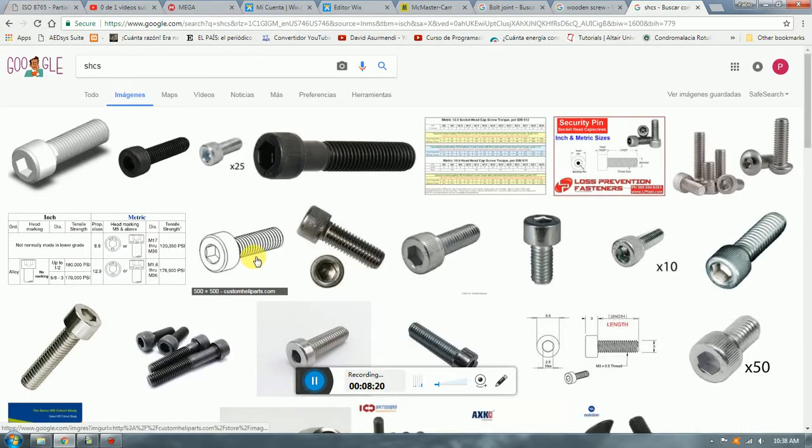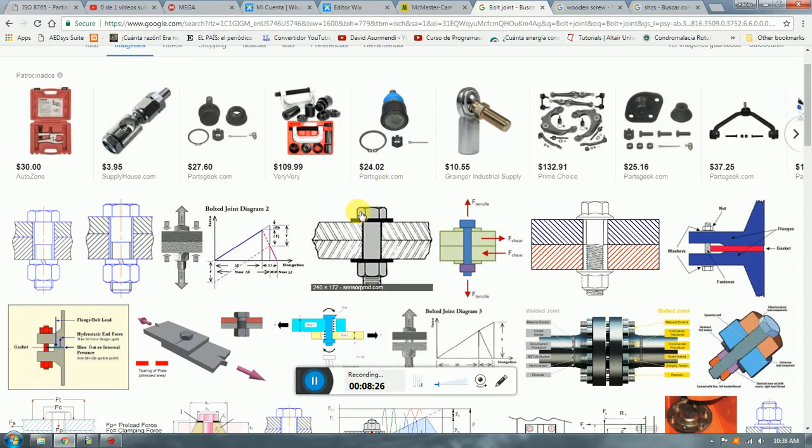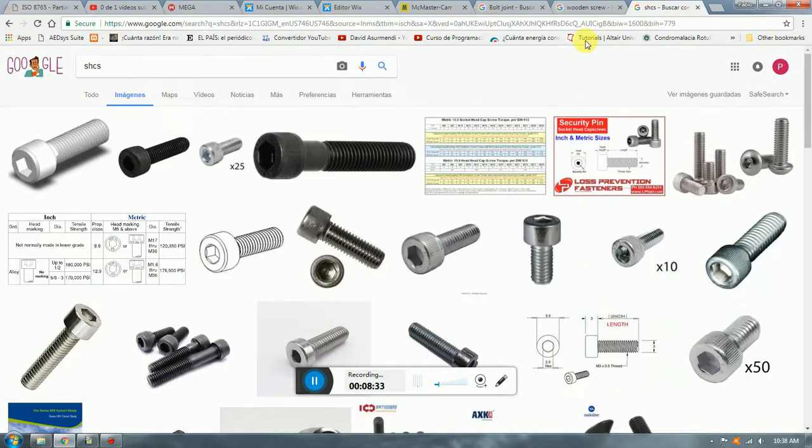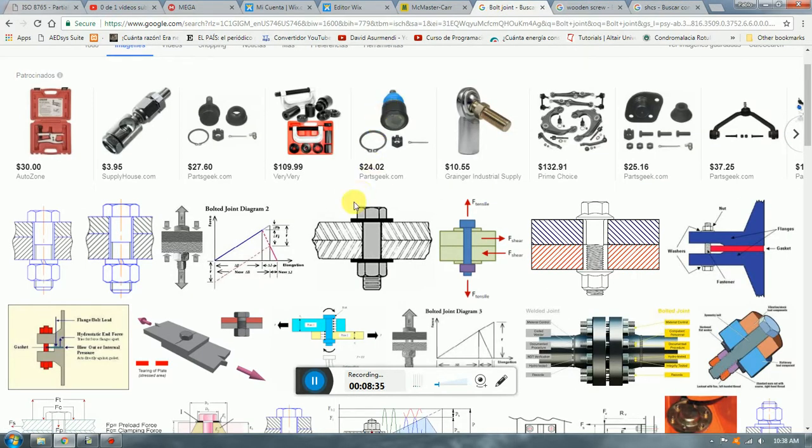The difference between a bolt and a screw is that the bolt is required for a bolt group, so it requires a nut, while the screw doesn't. The bolt has a specific method of connection: fixing the head with a wrench, for example, and then another wrench tightening the nut.